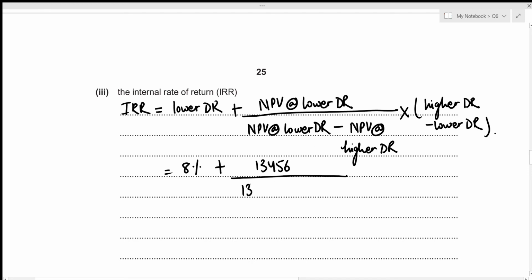So that's 13,456 minus we require net present value at a higher discount rate, meaning that we also have to figure out the net present value at the cost of capital of 12%. Okay, we will do that in a while. Then we multiply it with the higher discount rate, which is 12%, minus the lower discount rate, which is the 8%. Now we have to figure out our net present value at 12% as well.